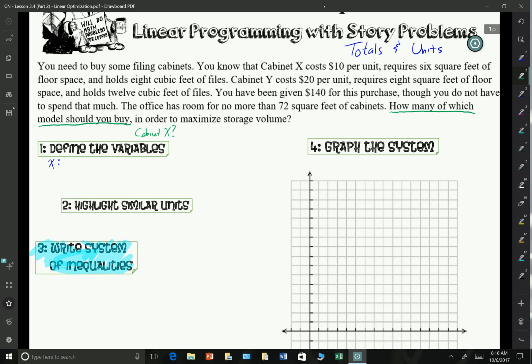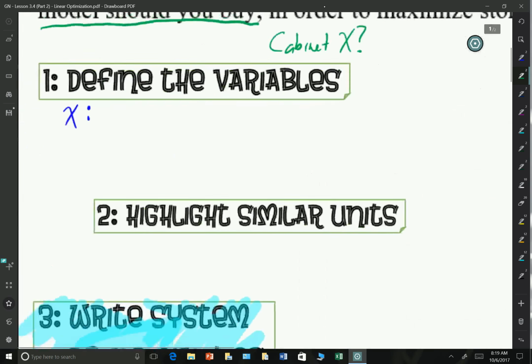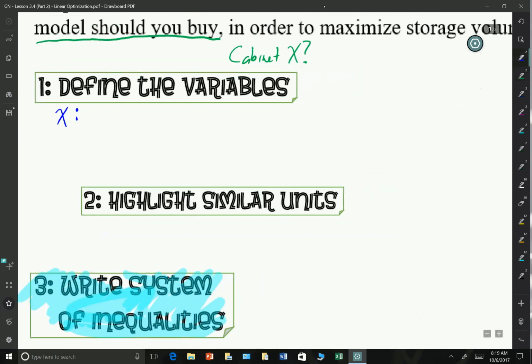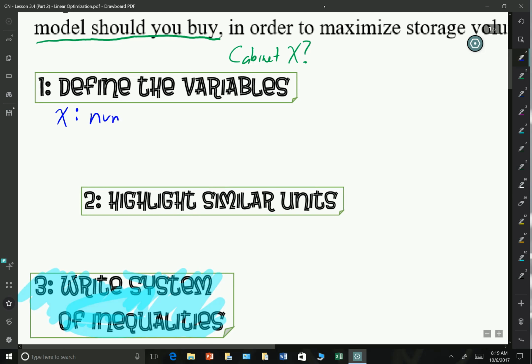That is what you're solving for. You solve an equation, you solve for X, you solve for Y. We want to know how many of which model should we buy. So when I define the variables, X is the number of cabinet X's. So we want to be creative again. What's the next variable going to be?